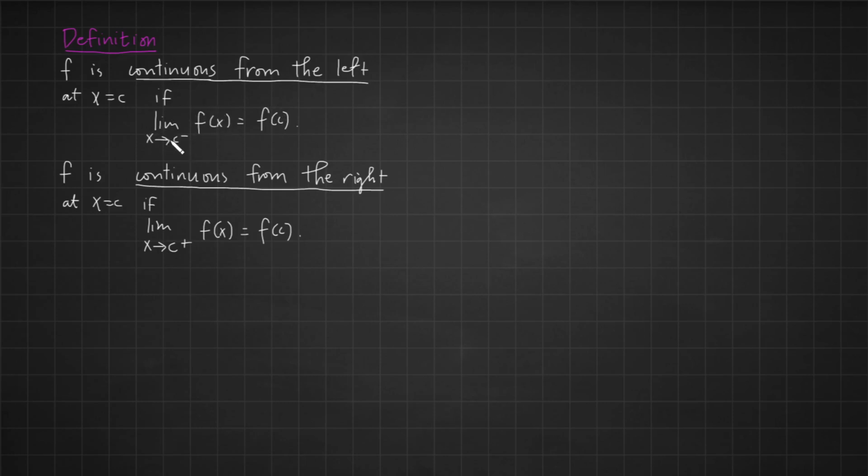Okay, so it should be equal to a constant and it should not be equal to positive or negative infinity. So kung equal yung left-sided limit dun sa value ng function, then continuous from the left. Okay, similarly, kung yung right-sided or right-handed limit ay equal sa value ng function, then we have continuity from the right, or f is continuous from the right.